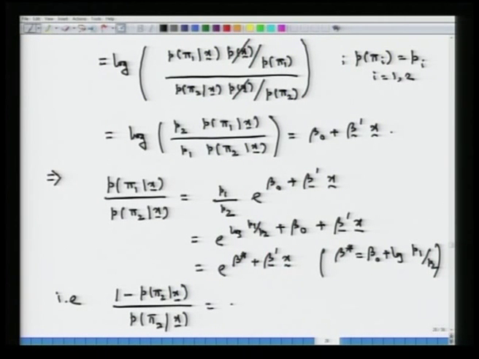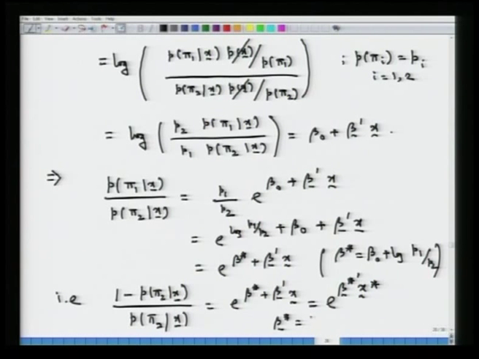That is equal to e to the power beta star plus beta prime times x. Either you write it in this particular form, or one can write it as e to the power of a vector beta star prime multiplied by x star, wherein what would this beta star vector be?